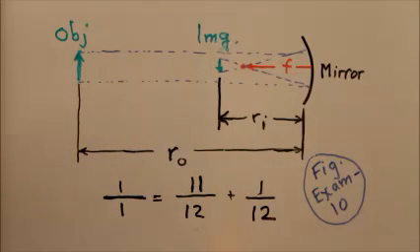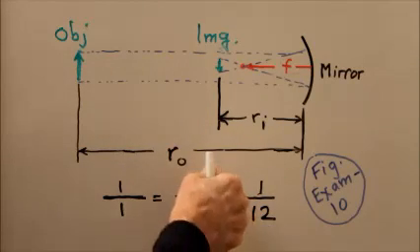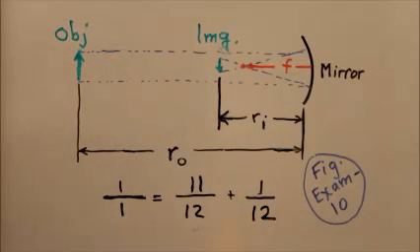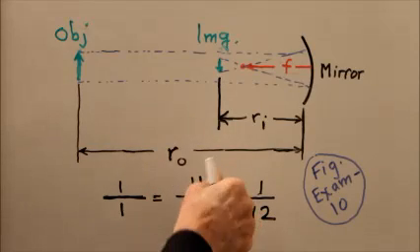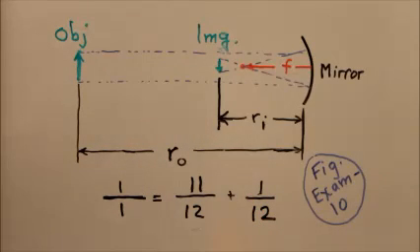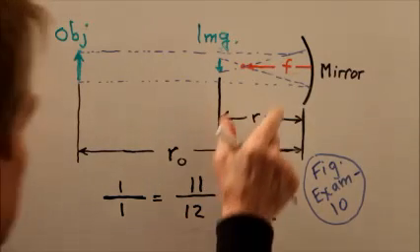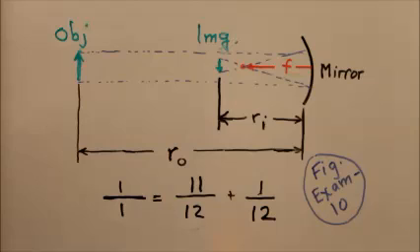Well, what is 11/12? That means that if we invert this, remember this is 1 over r sub i, then r sub i becomes 12/11, just a little more than f.